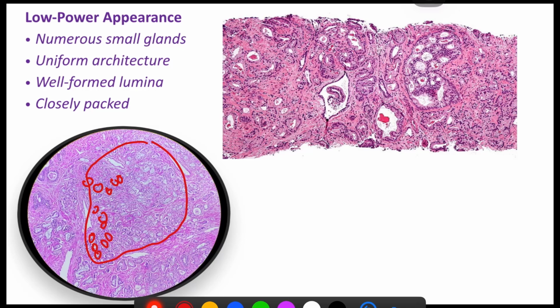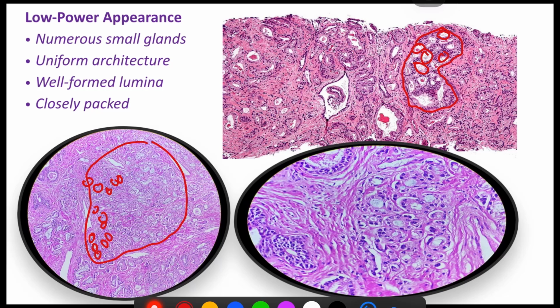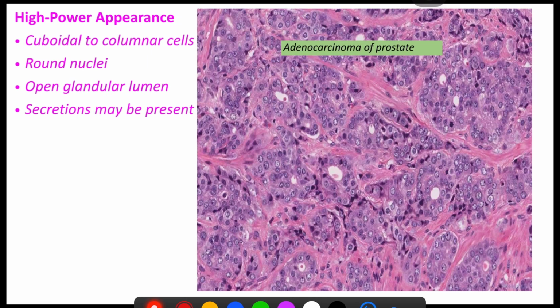So this is a case of CA prostate where you identify this type of tumor cell arrangement with acini. Here this is the normal architecture of the prostate, and here the tumor part shows acini or acinar pattern. So this is the adenocarcinoma of prostate.